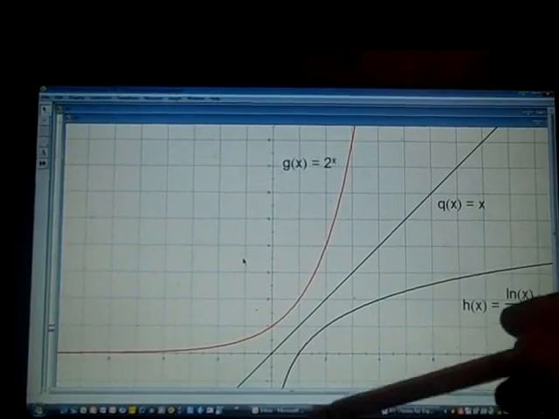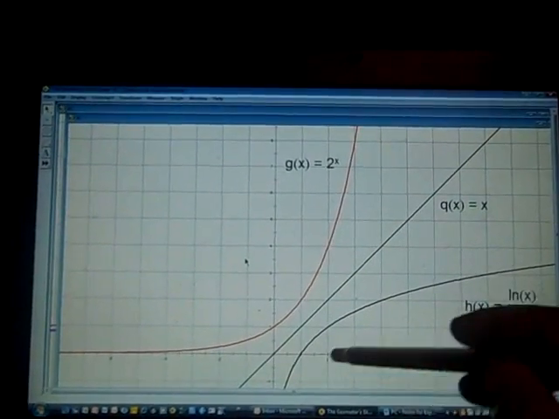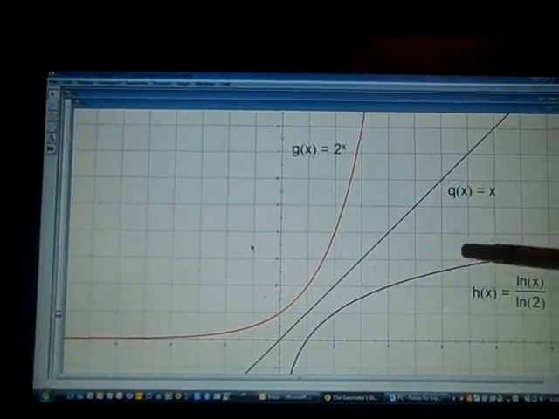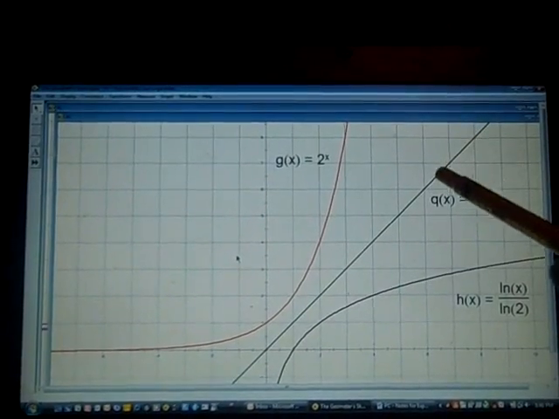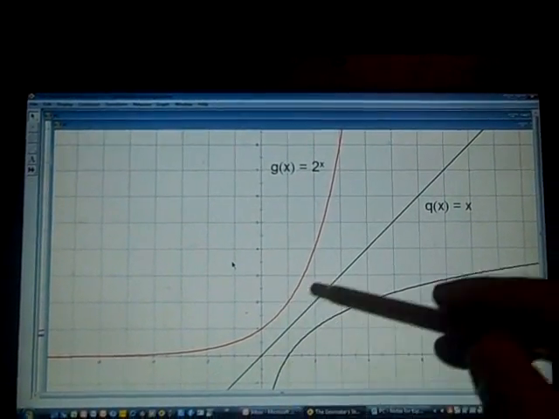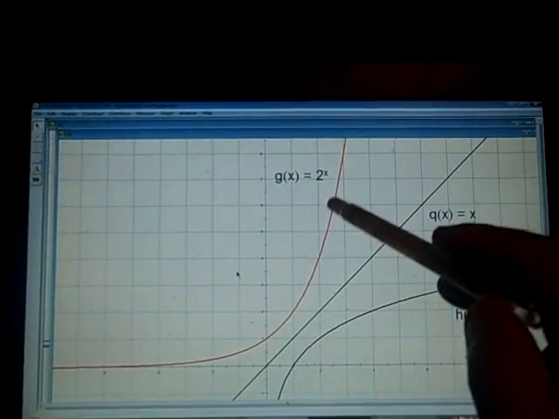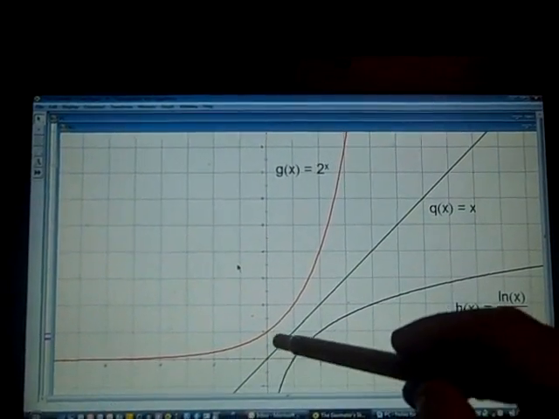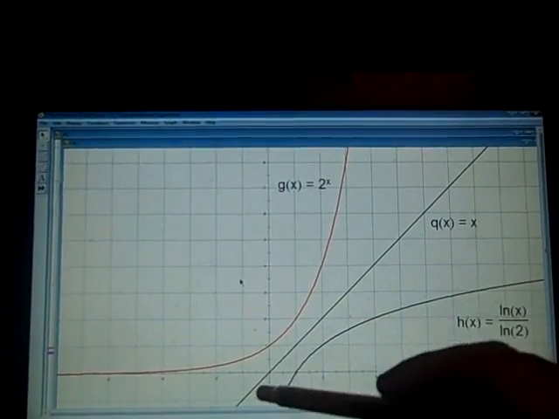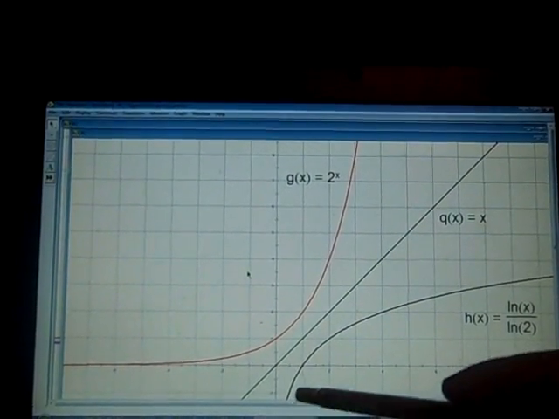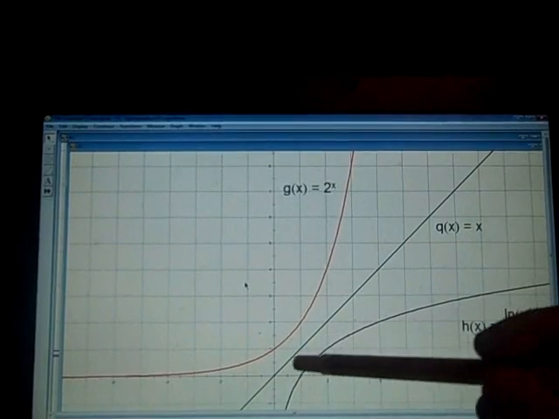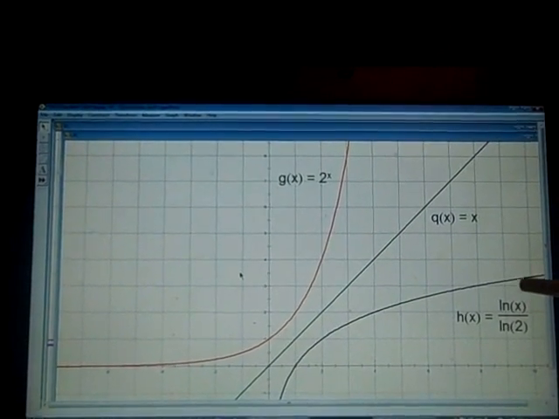We pointed out in the data tables that these two graphs are inverses of one another. Another way to look at this is if we graph the line y equals x, which I've got up here on the screen, the graph of the exponential y equals 2 to the x can be reflected across the line y equals x to generate the graph of the log base 2 of x.